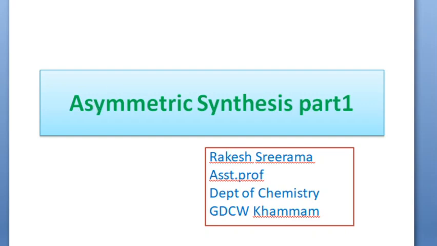What is asymmetric synthesis? As we know, synthesis is any chemical reaction in which a chiral unit is synthesized, where your substrate is converted into a chiral molecule.